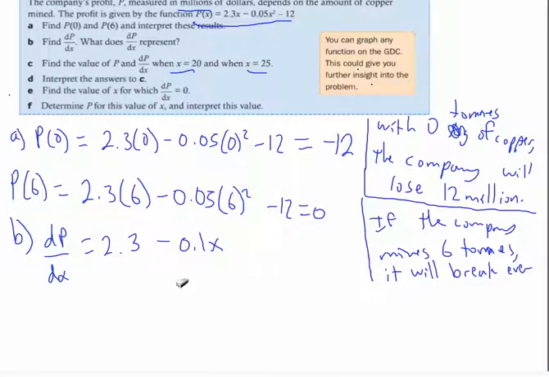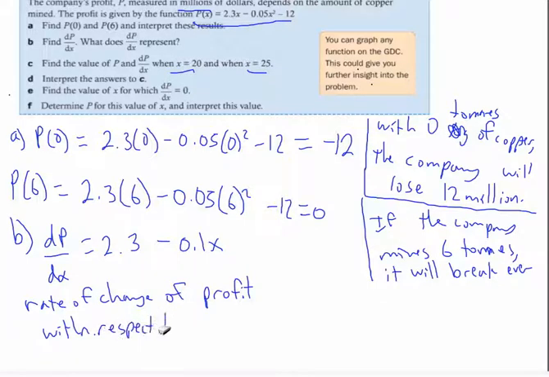And this represents the rate of change of profit with respect to x, which is the amount of copper.